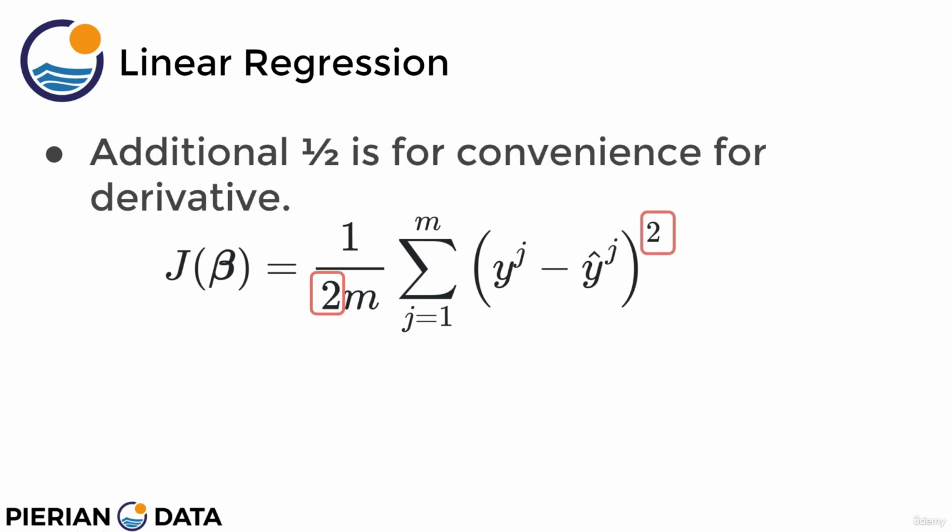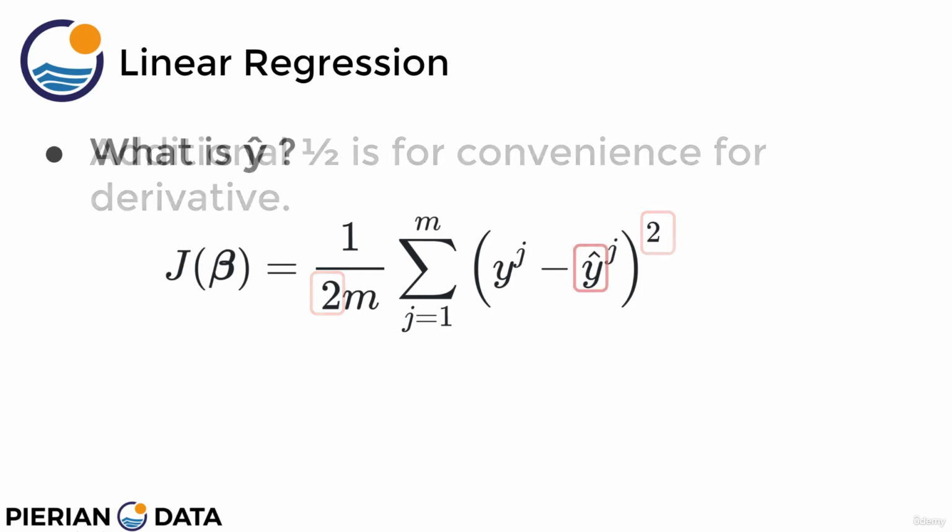The reason for that is it's really just for convenience. When we take this derivative, that 2 is going to come down and cancel out with that denominator 2. That way, it's technically the same thing since we're actually performing a minimization. So mathematically speaking, searching for a minimization is the same as searching for half that minimization value. And this 2 in the denominator is simply for convenience on a derivative. It just makes the math a little cleaner.